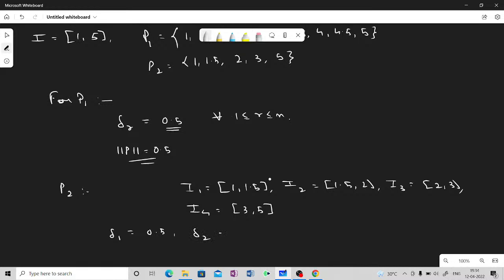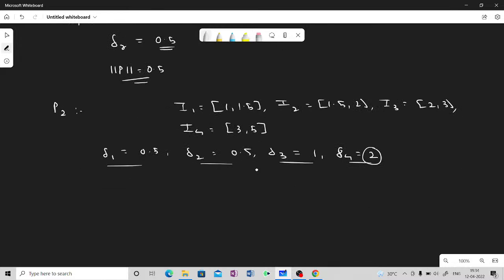What is delta 2? 0.5. What is delta 3? 1. What is delta 4? 2. So what is the maximum of all these lengths? 2. So what does that mean? The norm of partition P2 is 2.